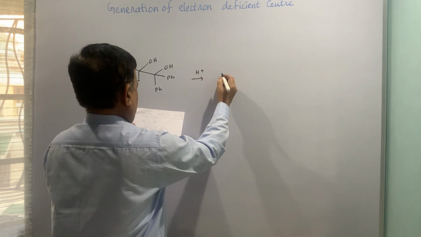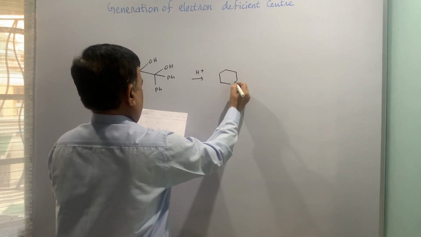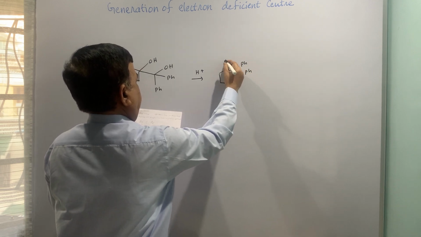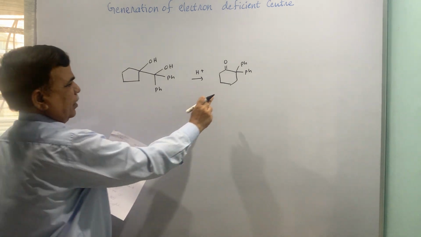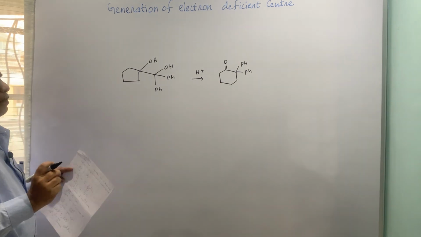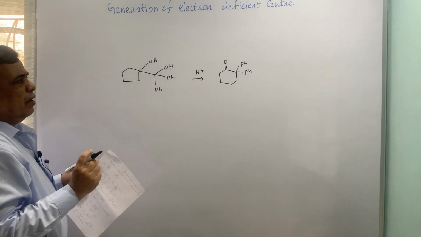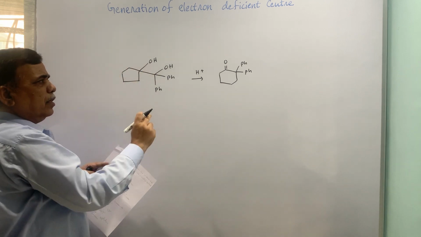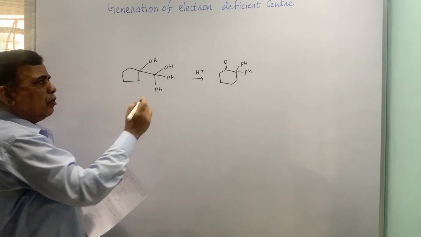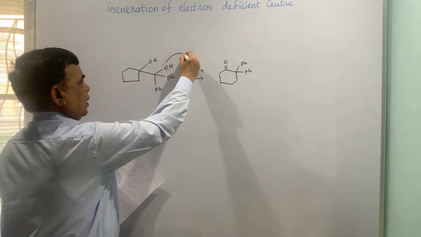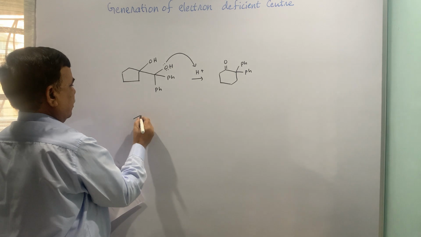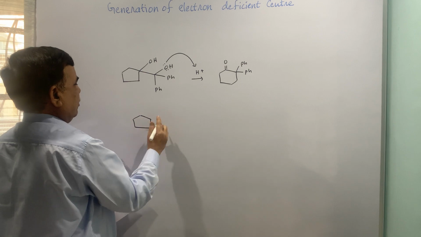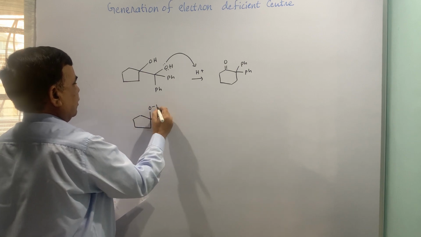The source is given as H plus ion, and now we have got the product, that is ring expansion type. So first of all, we have to see that we should get the more stable carbonium ion. This will give tertiary, this will give tertiary and benzylic. So obviously we have to show the involvement of this lone pair, so that the formation of the carbonium ion can be justified on the basis of its stability.